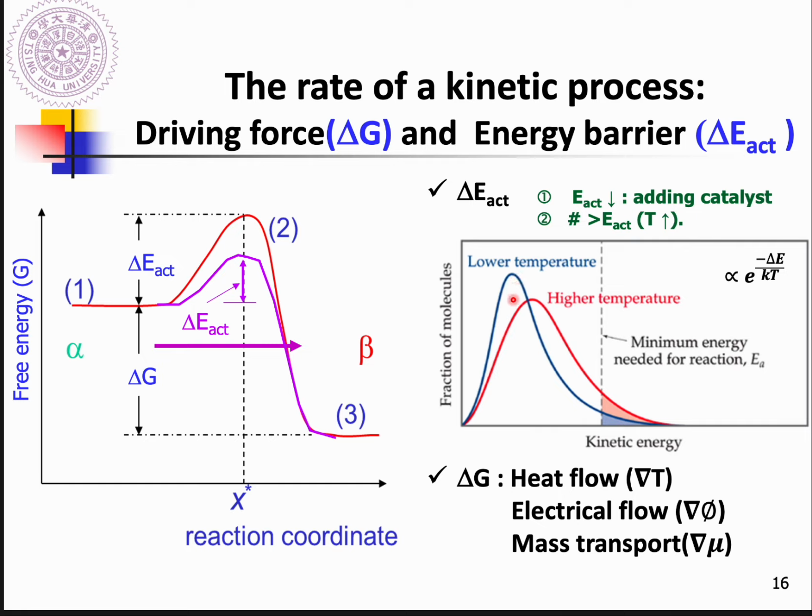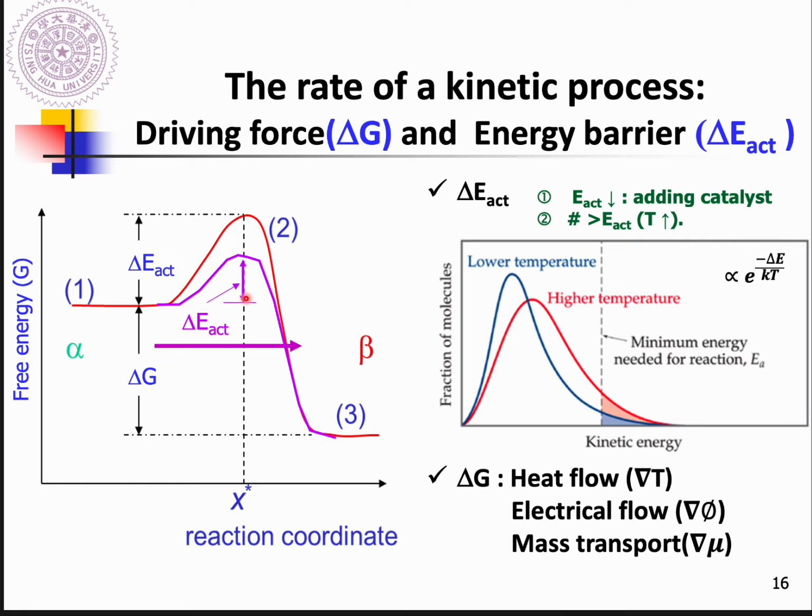Here you can see that when we increase the temperature, more molecules have sufficient energy to overcome this energy barrier compared to the lower temperature. So increasing the temperature is an easy way to allow more reactants to have higher kinetic energy, which gives them a chance to overcome this energy barrier. Okay.